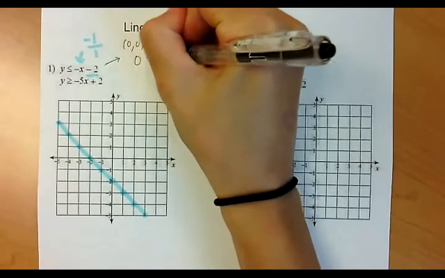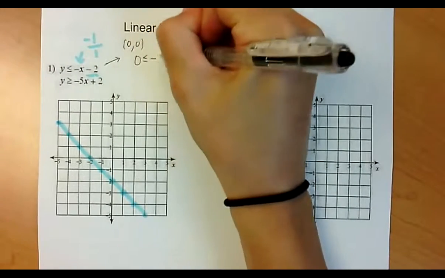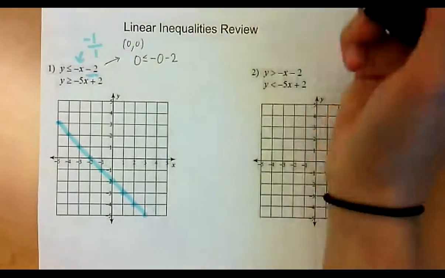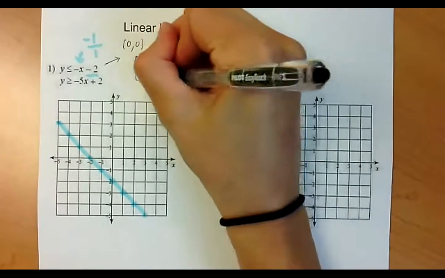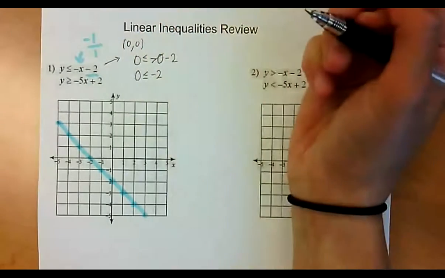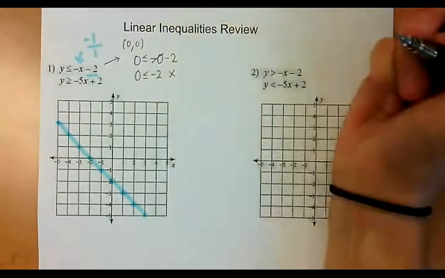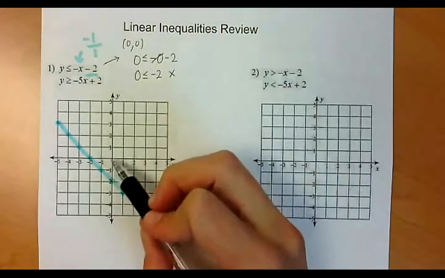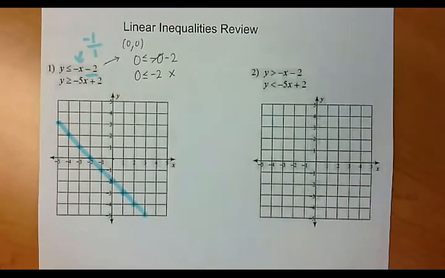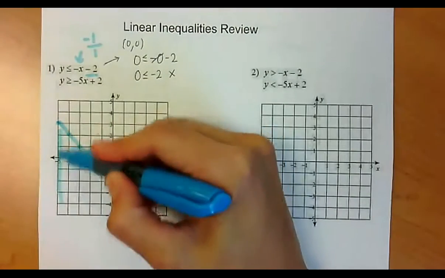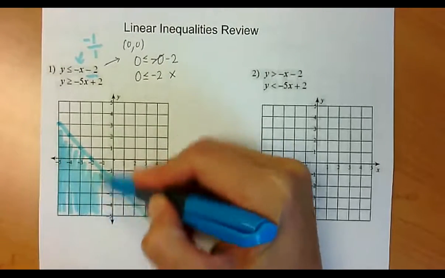So I get 0 is less than or equal to -0 - 2. That -0 actually just goes away. So 0 is less than or equal to -2. That is not true. So therefore, the side with (0, 0), or the origin, on it is not in the solution. So I'm actually going to shade the other side.